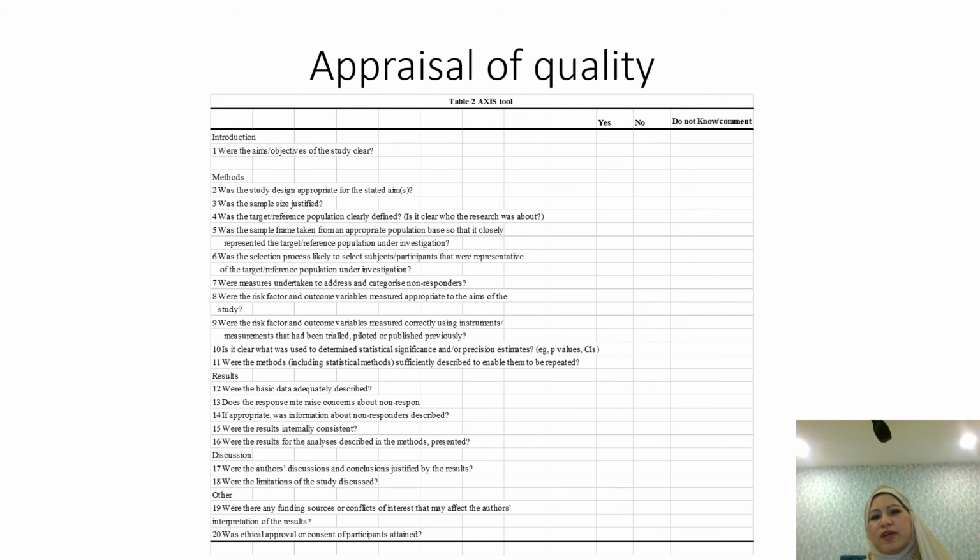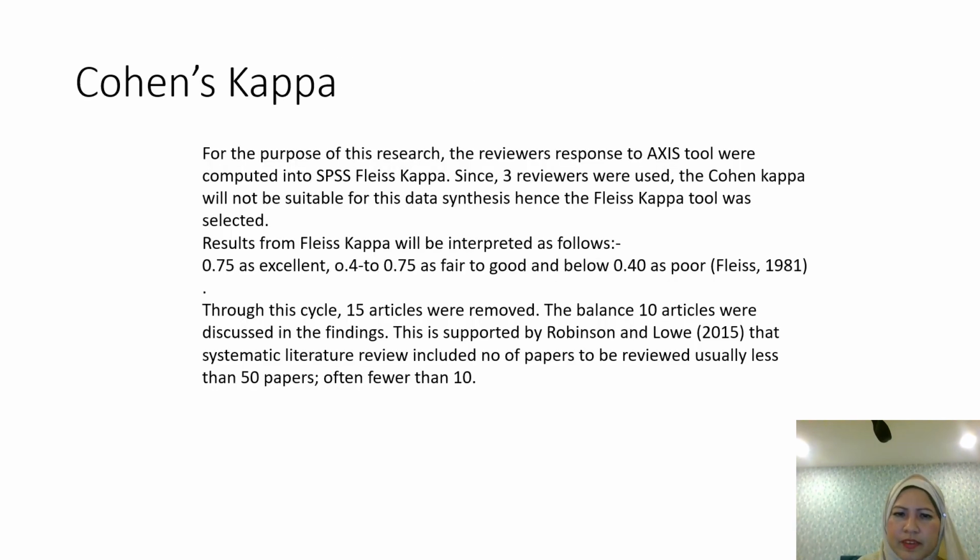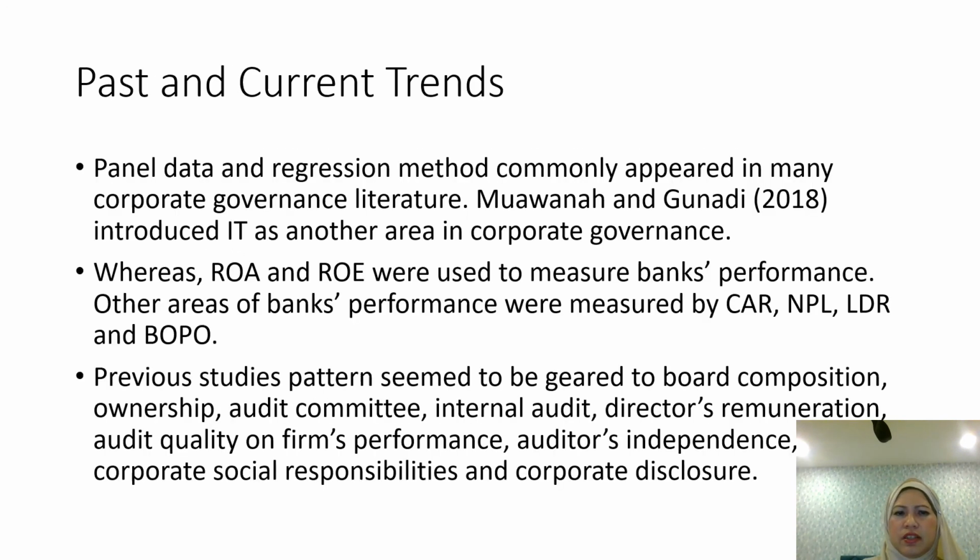This appraisal of quality was given to 3 reviewers, and they reviewed the articles. We ran the statistical coherence test, kappa. Those below 0.4 we excluded from the results, and hence we have 10 articles.